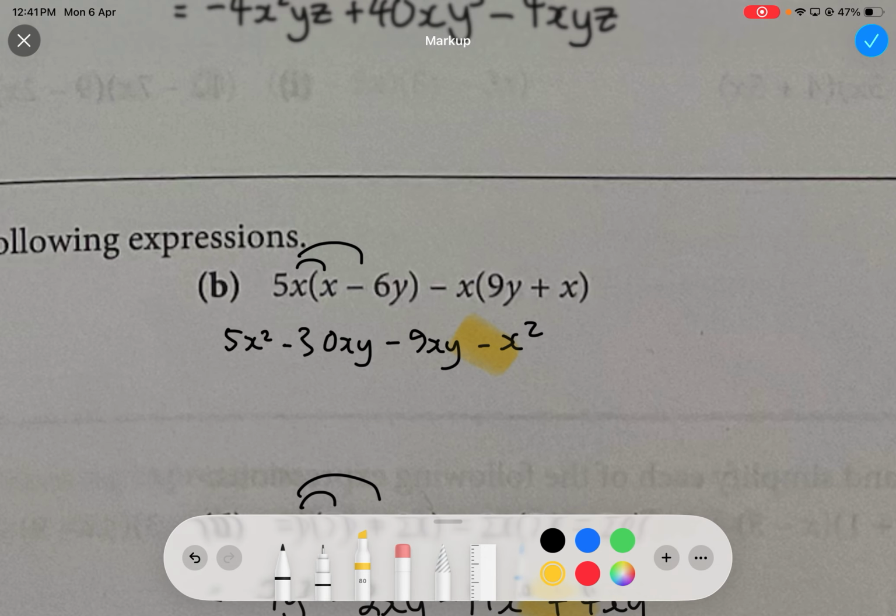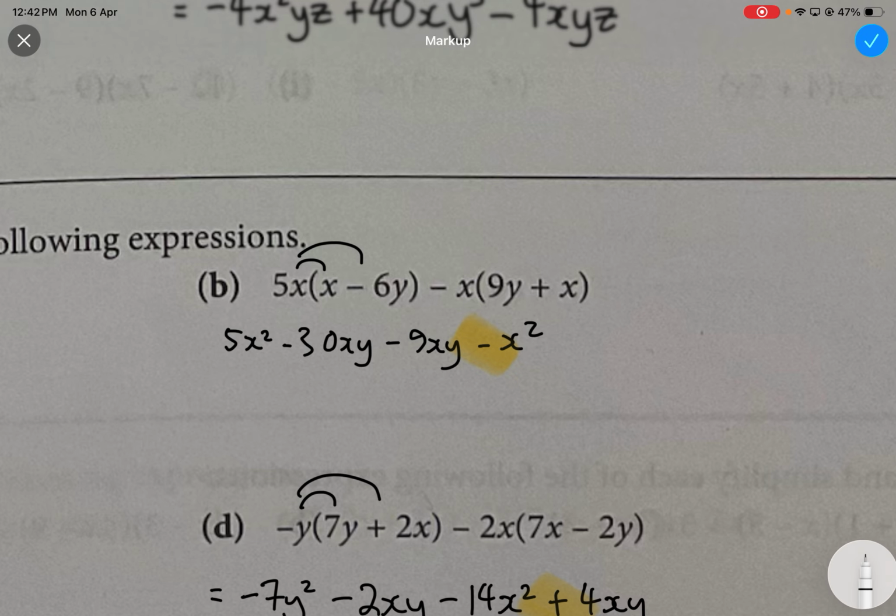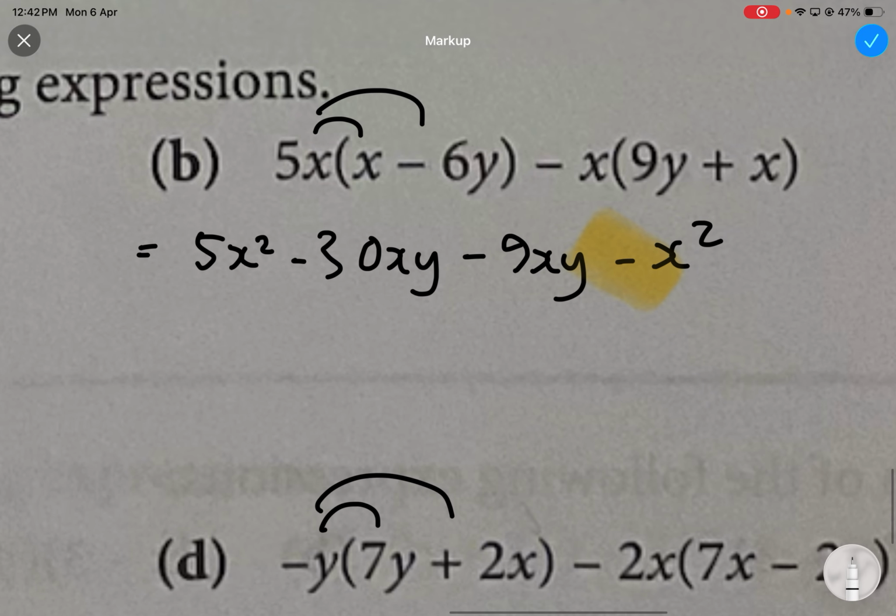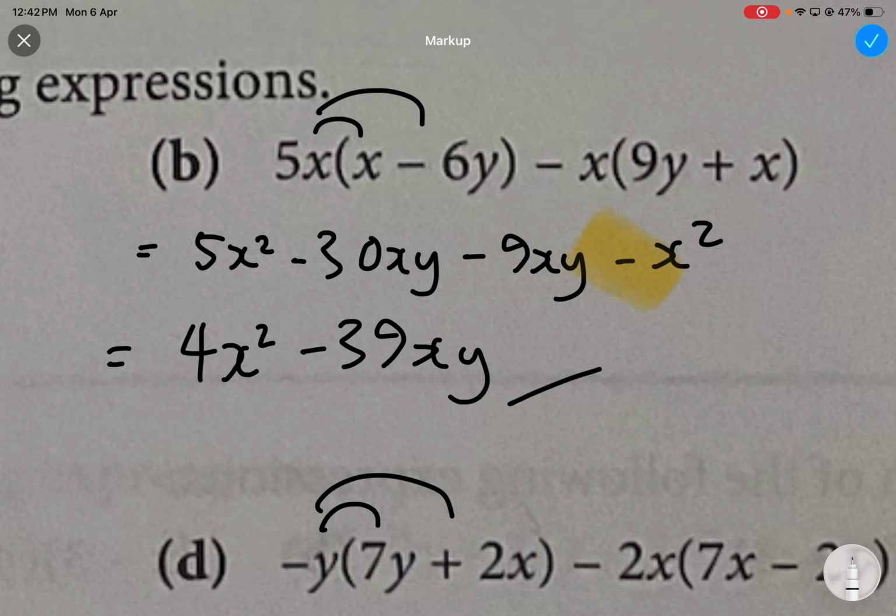Minus will change this plus to minus. Then simplify. 5x squared minus x squared, 4x squared. Minus 30xy minus another 9, minus 39xy. Check your answer. Do you get this? Amira, do you get this?